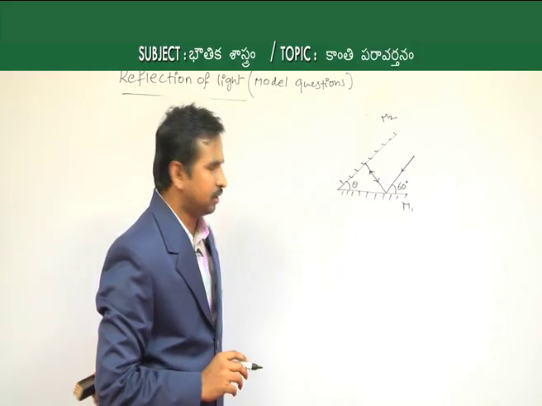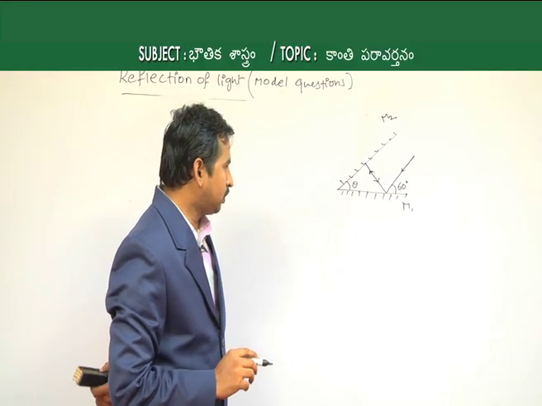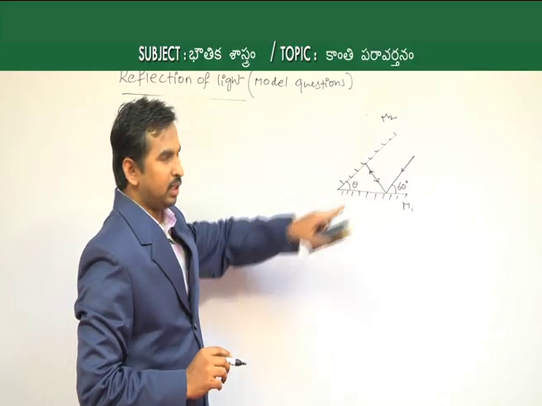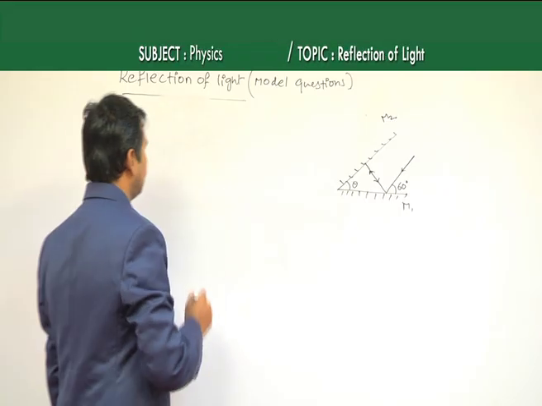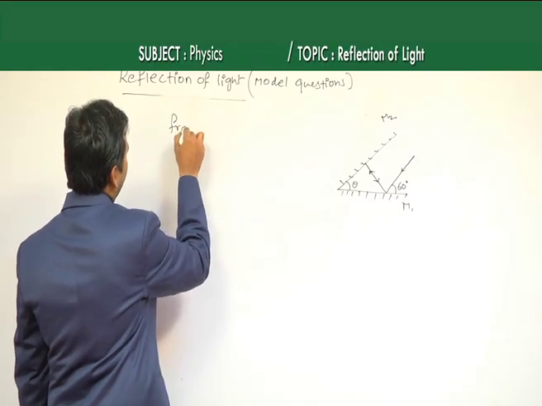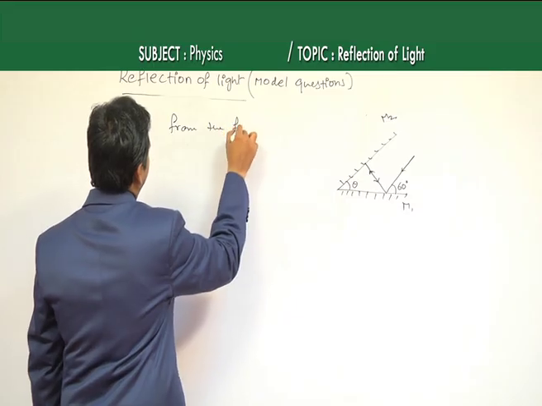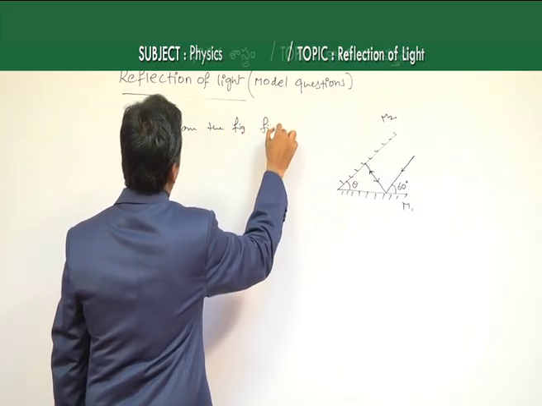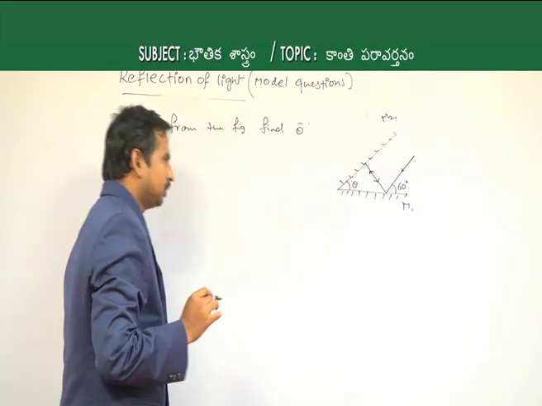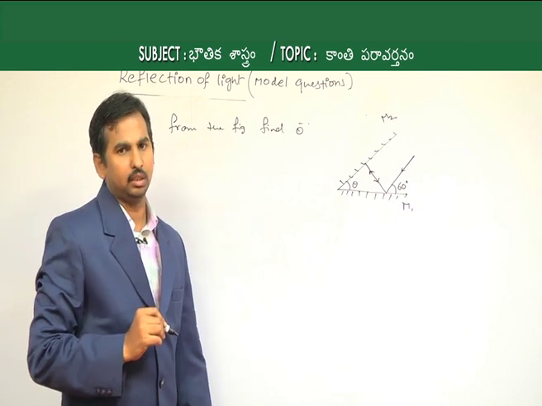Then the question is how these two mirrors are arranged, what is the angle between them. From the figure, find theta. We have to find the angle theta.